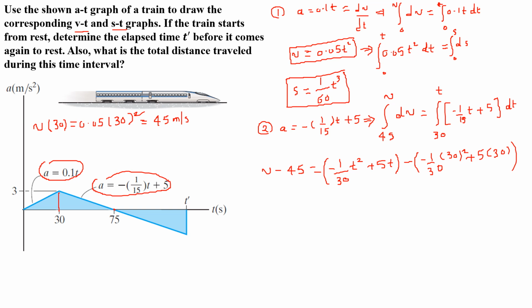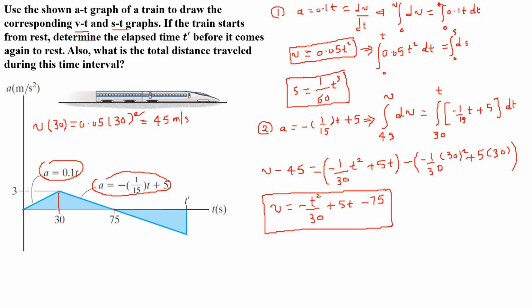I'll take this to the other side and do some simplification. I got this expression, v to be minus t squared over 30 plus 5t minus 75. So that's the velocity for the second segment.